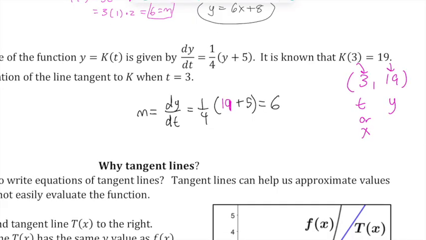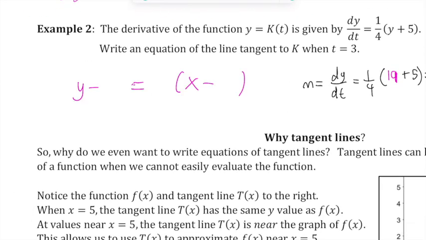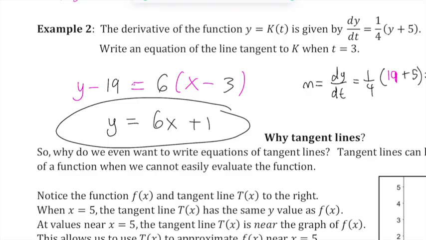So we have a slope of 6 and a point of (3, 19). Substituting in our values, y was 19, the slope was 6, and t, the x coordinate in this case, was 3. If we simplify, we get 6x minus 18, and then we add the 19 to it, so we get 6x plus 1.